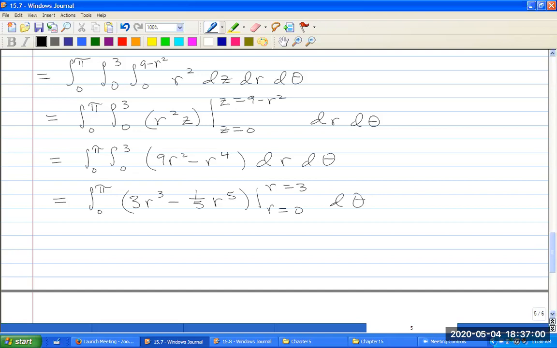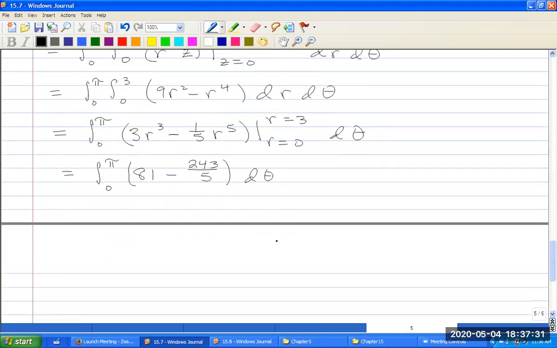And so this is equal to integral 0 to pi. 3 cubed is 27, times 3 is 81, minus 1/5, 3 to the 5th is 243, minus 0, which is 0, d theta.